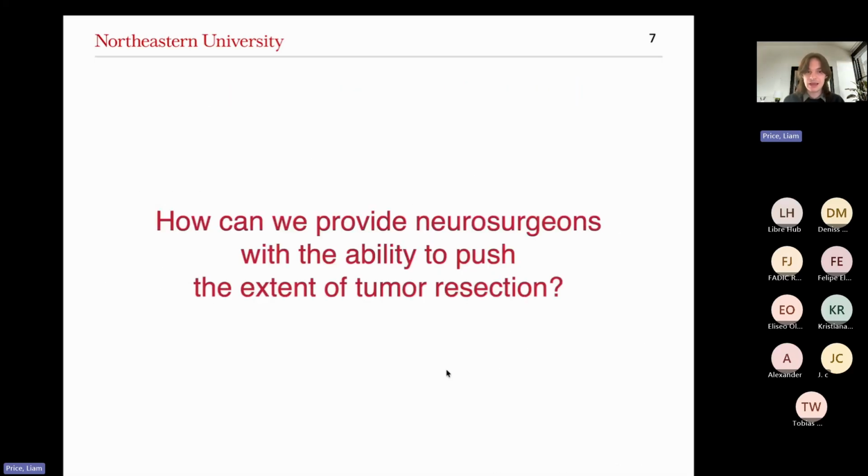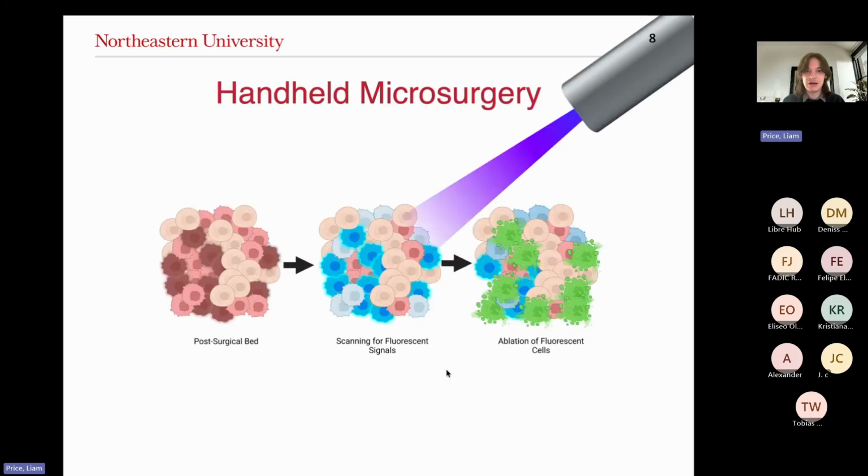And so how are we planning on doing that? Well, this is building off of some technology that we've already been working on, but our idea is that we want to use an existing device in our lab to scan for these tumors, these microscopic tumor deposits, and then just ablate them safely and remove them from the surgical bed.